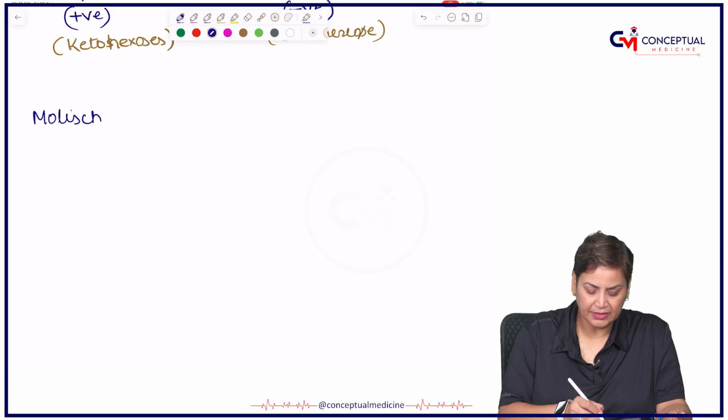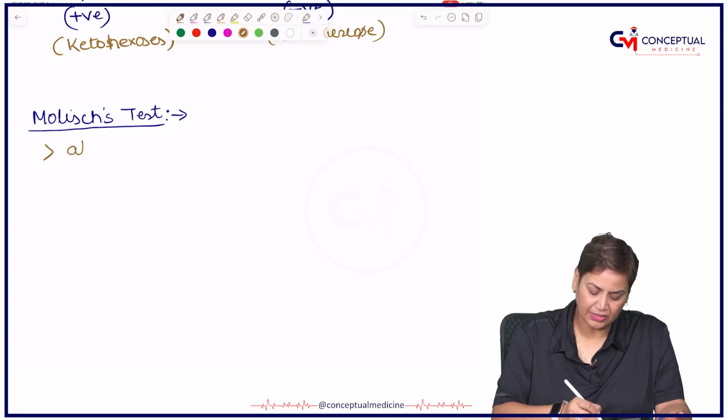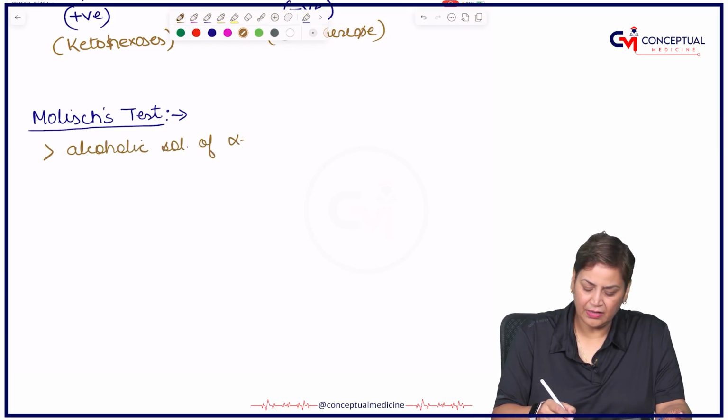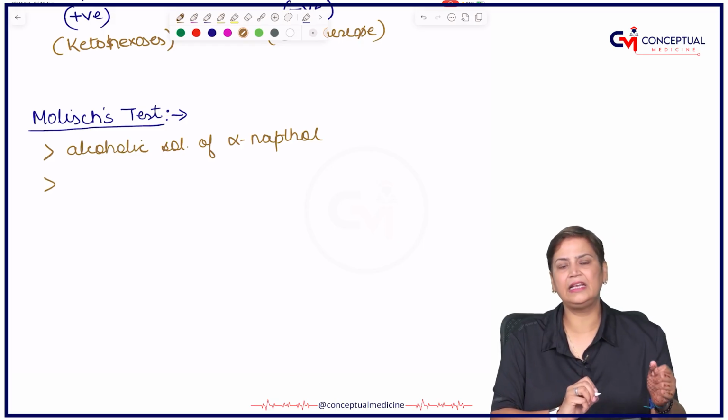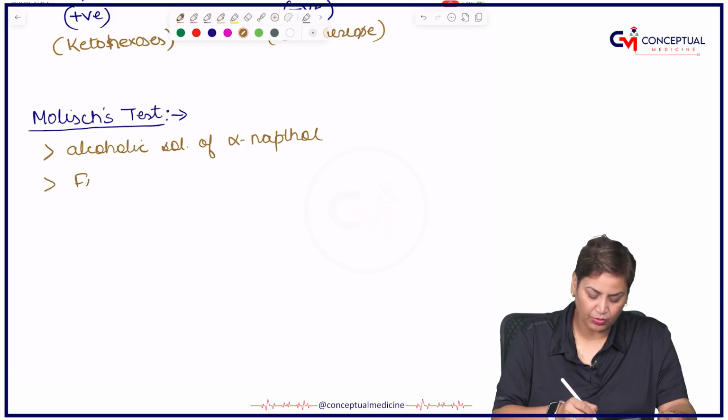Then after this, we come to the principle, or the rationale, behind the Molisch test. Now, the Molisch test uses an alcoholic solution of alpha-naphthol. Simple. And the principle is that it leads to the formation of furfurals.